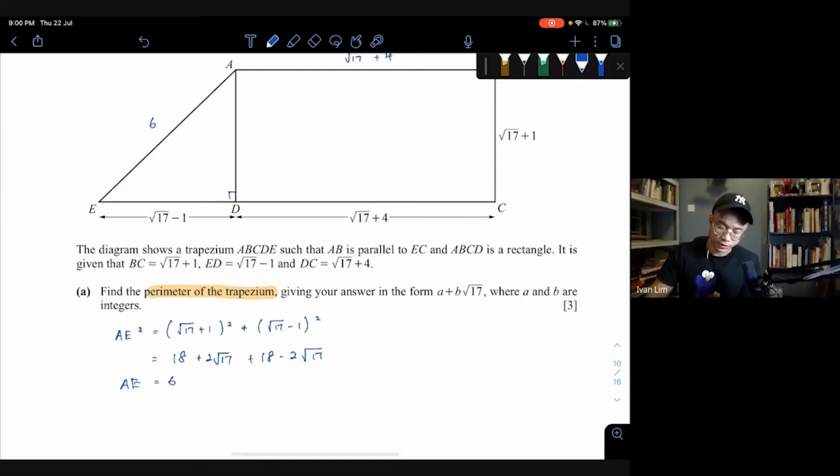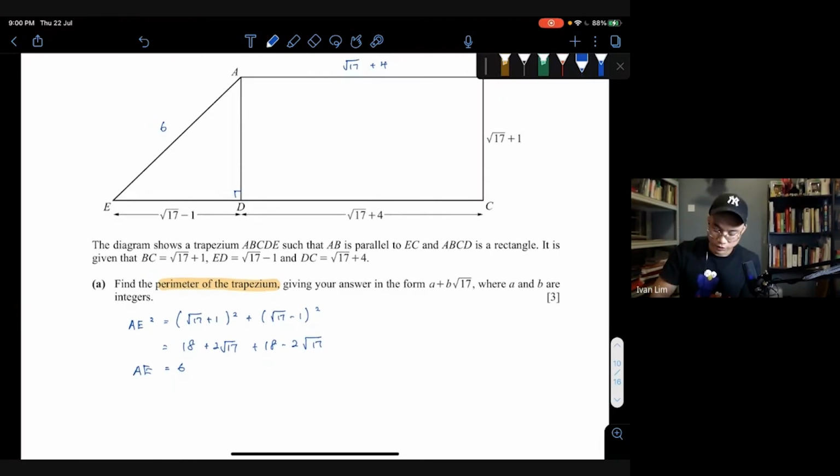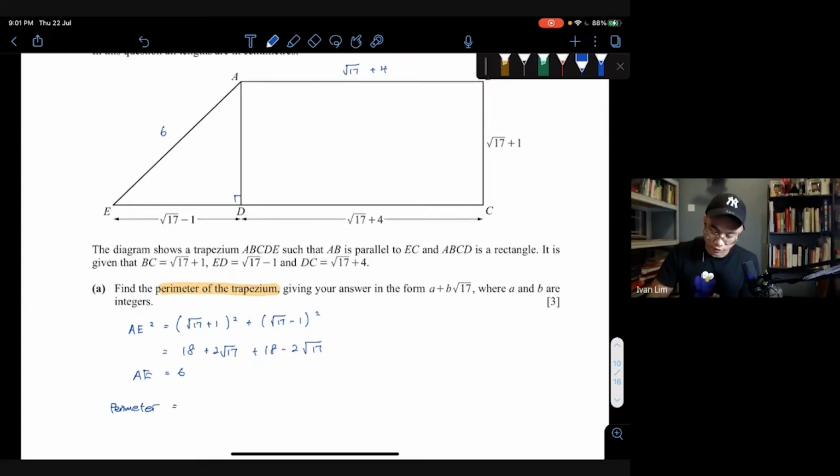Okay, so here is 6. So to find my perimeter, you just add it all up together. Okay, perimeter is equal to, I got 2 root 17 plus 4 plus root 17 plus 1 plus root 17 minus 1 plus 6.